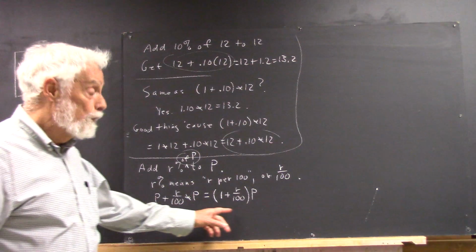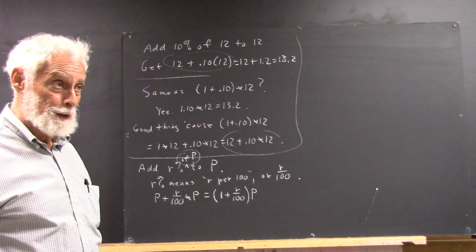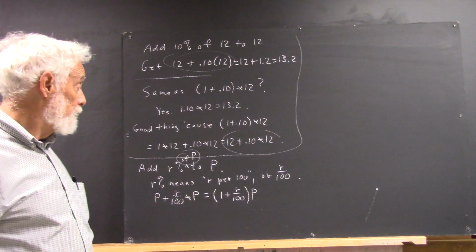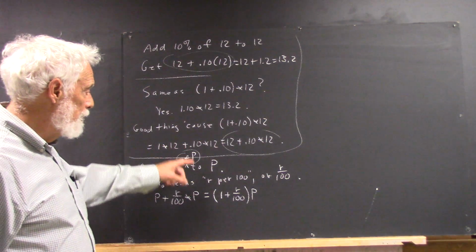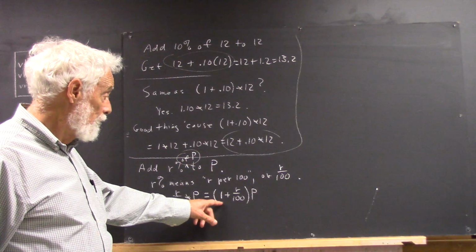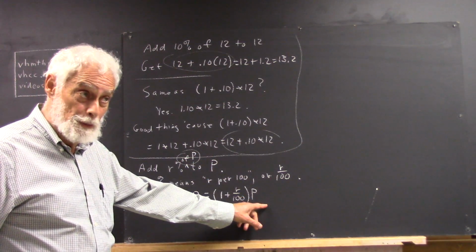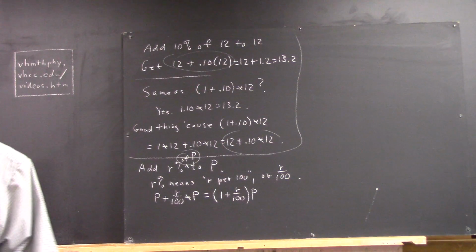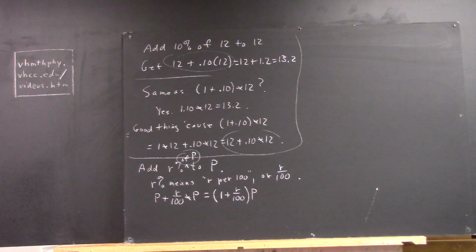That's a very convenient form. So adding R percent of P to P means 1 plus R over 100 multiplied by P. And we need to understand that. So you want to think about that. That's extremely important, okay? Because we're going to build on that.